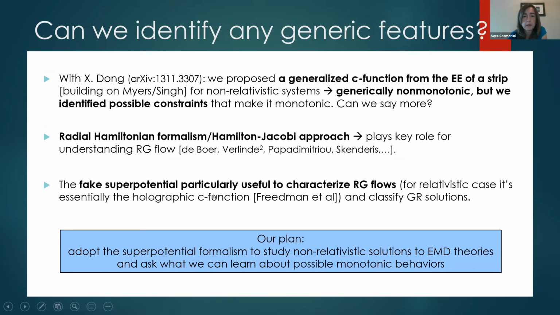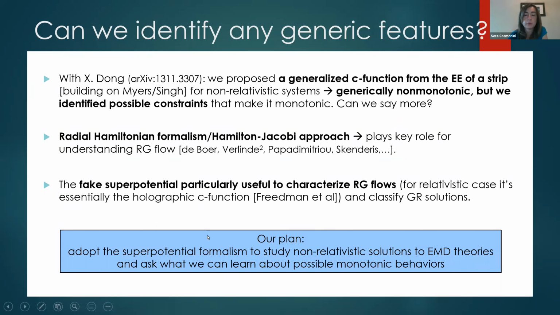I'll come back to that as well, but I was also motivated by a series of papers by Elias, Kiritsis, and collaborators, where they used the superpotential heavily to classify RG flows. So we were looking at that and got asked if we should think about extending it.